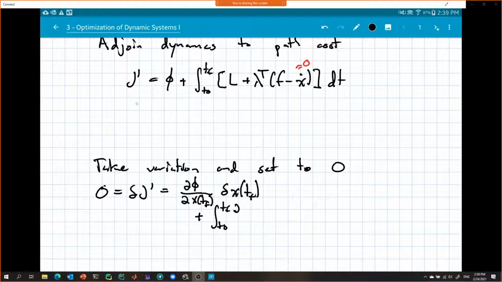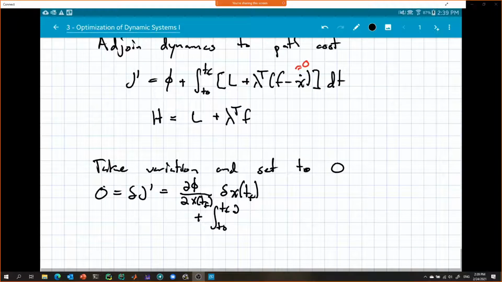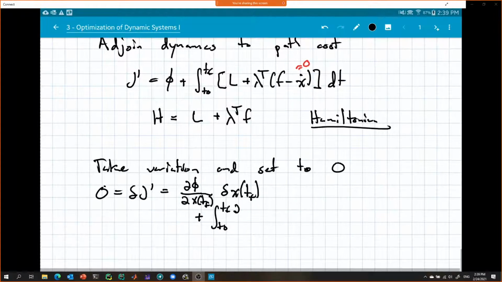The reason why it's defined like this you'll see later, but we define a Hamiltonian that's equal to the path cost plus lambda transpose f. So no, it doesn't include this minus x dot term.